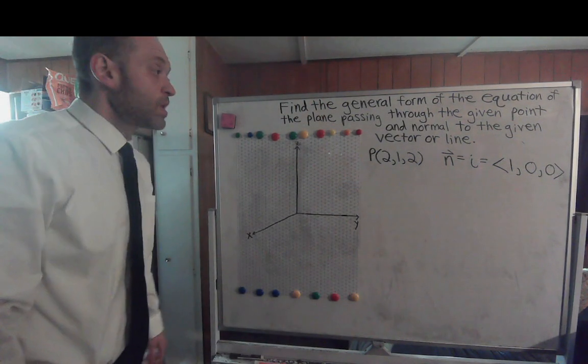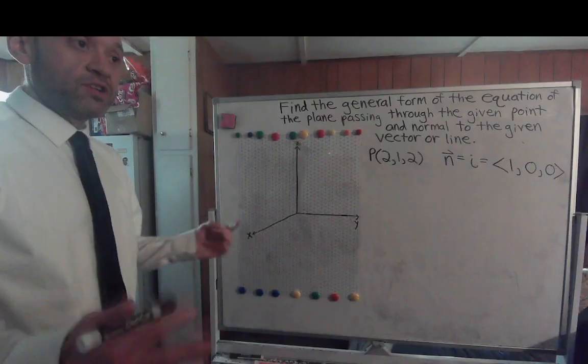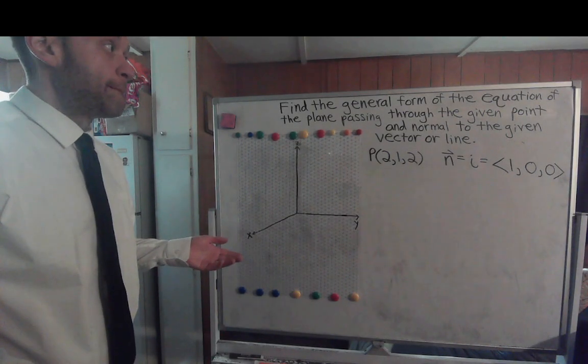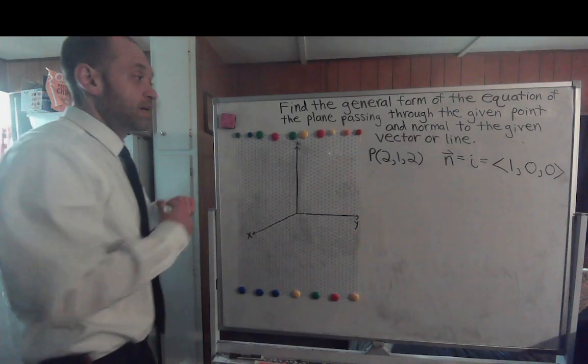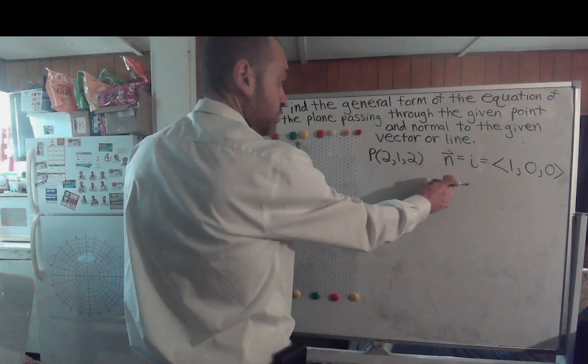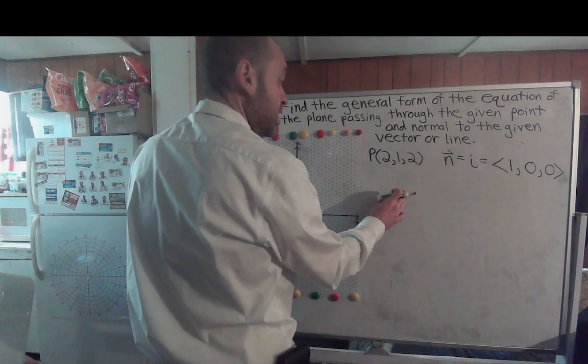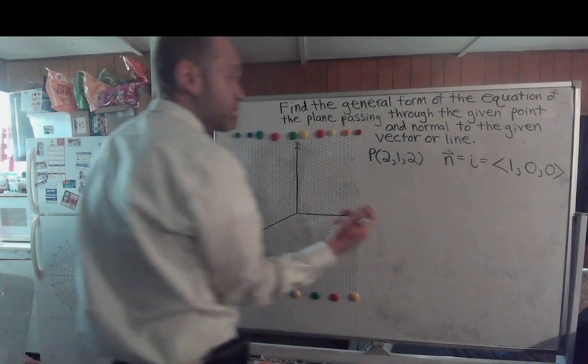Well, if the vector's given to you, it's actually really easy, because all you're going to have to do is take your direction numbers from your normal vector.